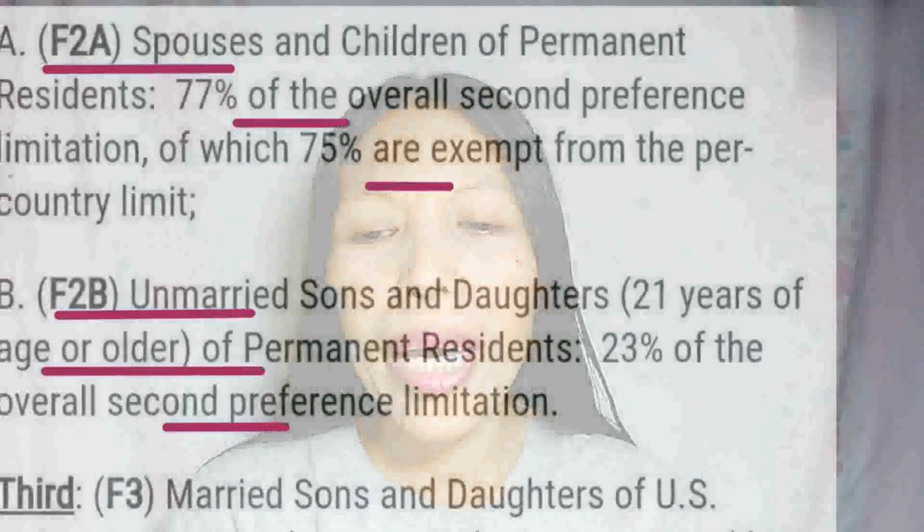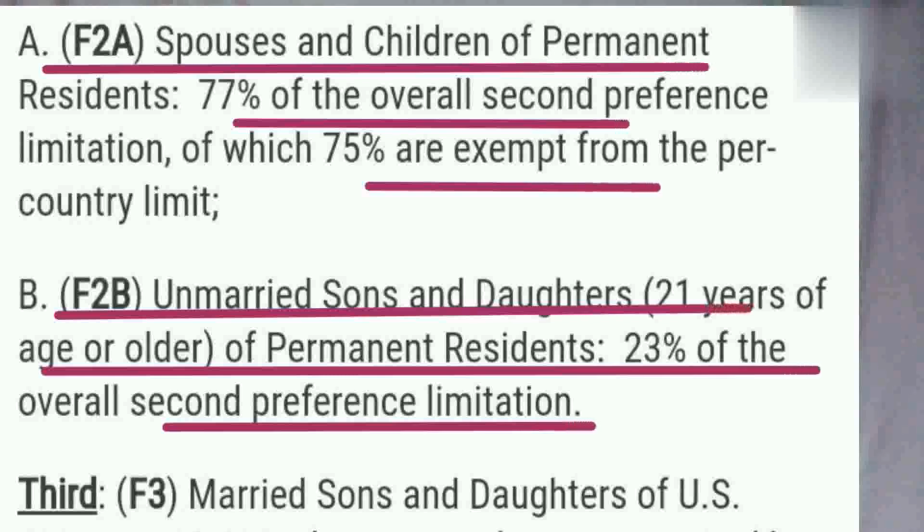A. F2A, spouses and children of permanent residents, 77% of the overall second preference limitation, of which 75% are exempt from the per-country limit. B. F2B, unmarried sons and daughters, 21 years of age or older, of permanent residents, 23% of the overall second preference limitation.